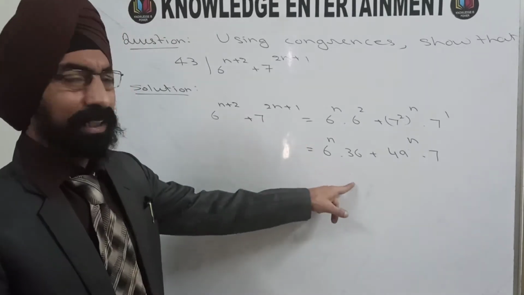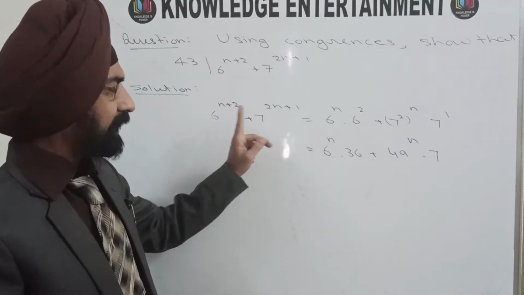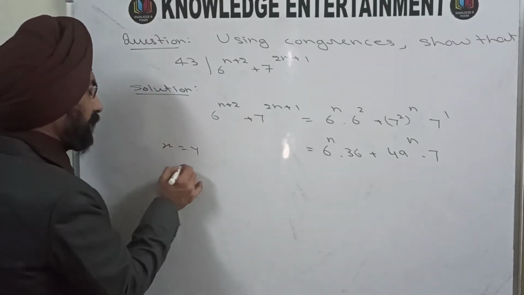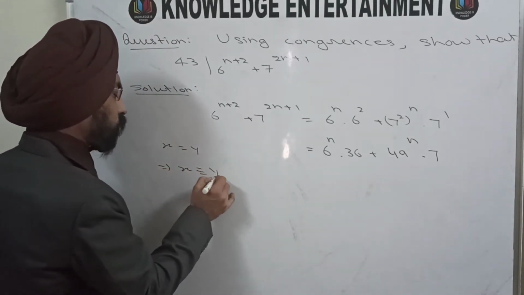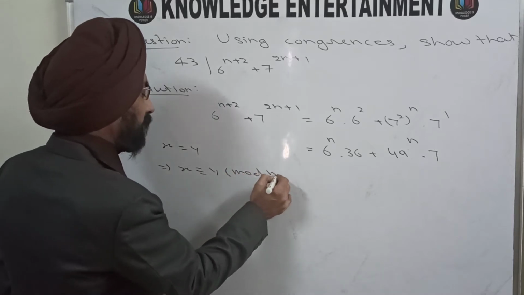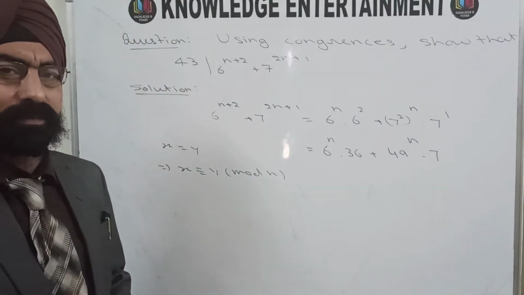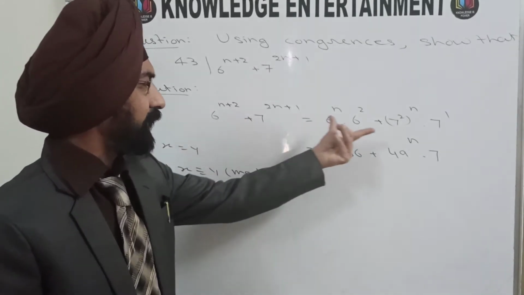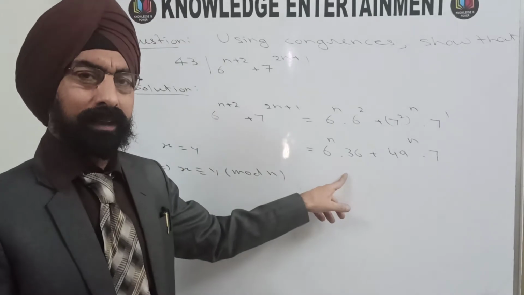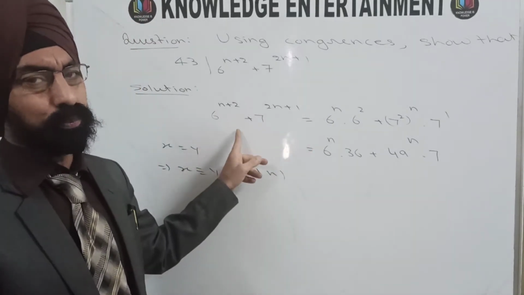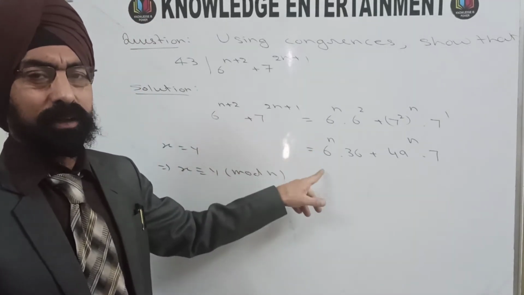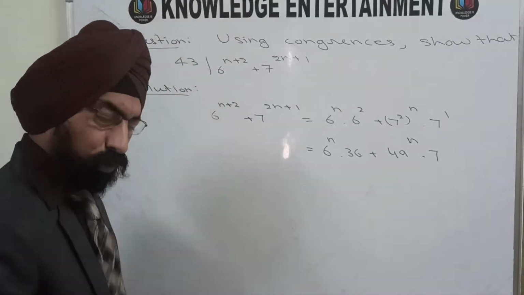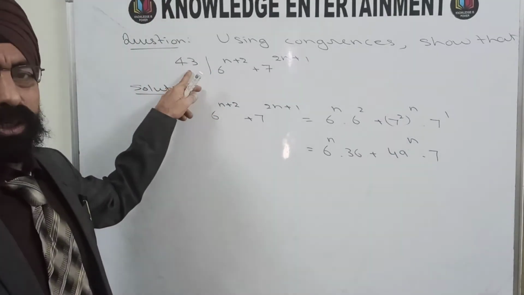So these two quantities are the same. This is your x, this is your y, x is equal to y. And we know that if x is equal to y, then x is congruent to y modulo n for every n. So here again this x and this y are the same, because just by solving this we have obtained this. So they are equal, and if they are equal, then they can be put in congruence relation to each other modulo any natural number, and that natural number I am going to take as 43 because I require this one.